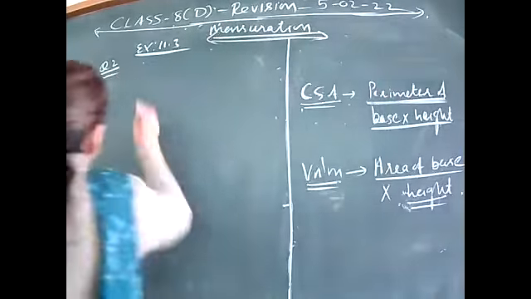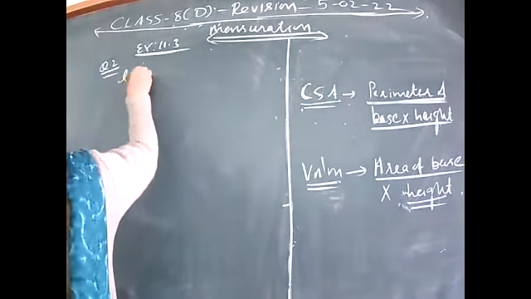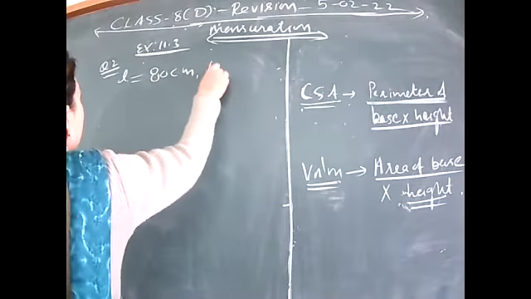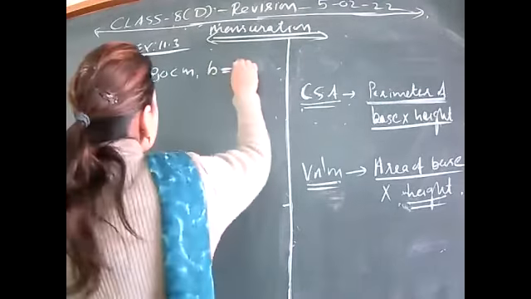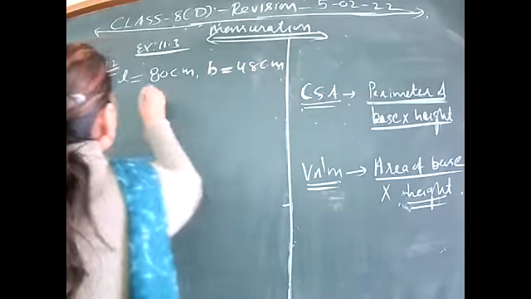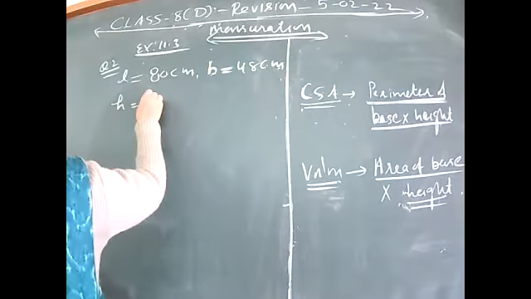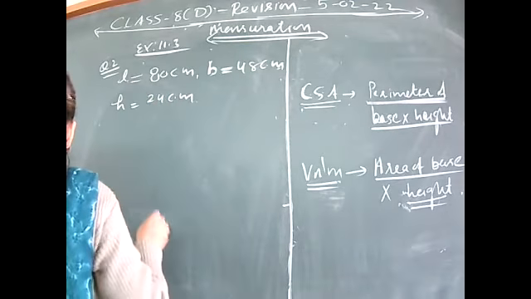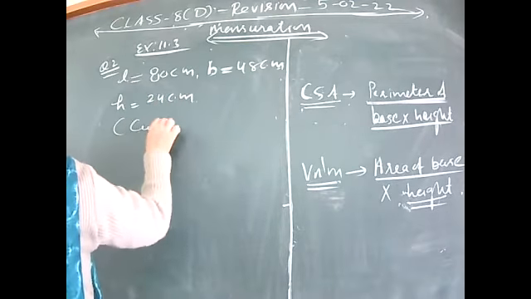For example, if the length, breadth and height is given to you, that means the figure is cuboid.